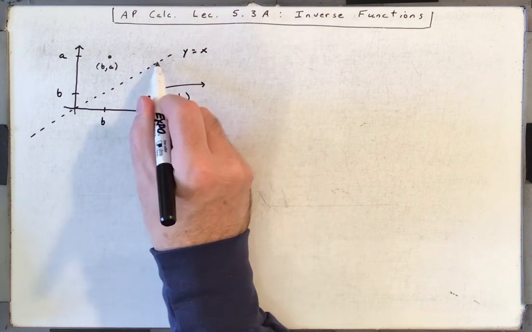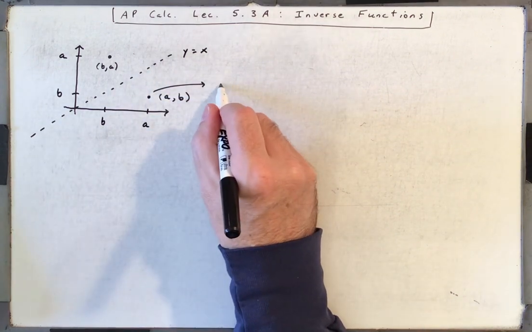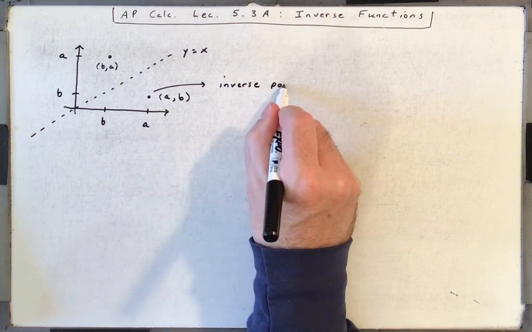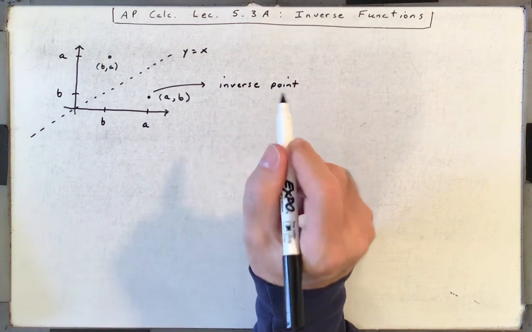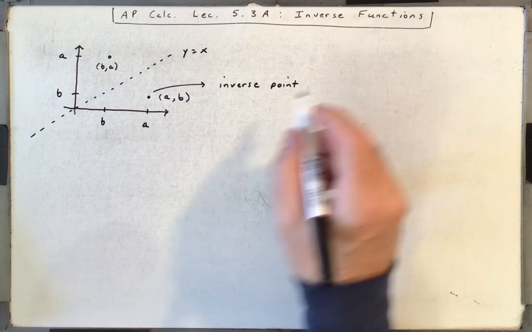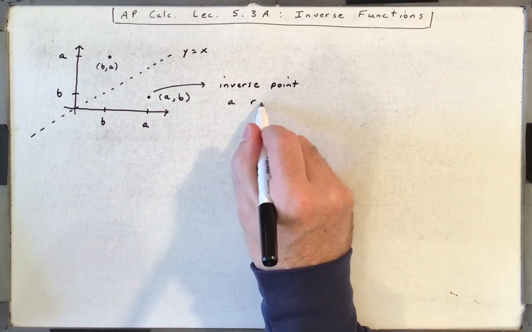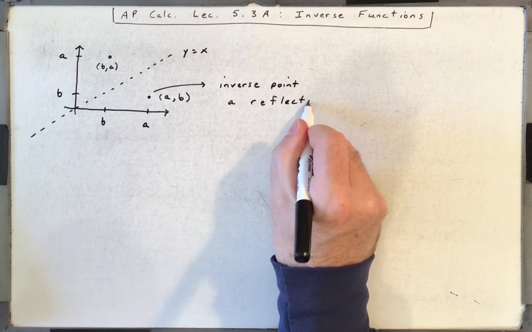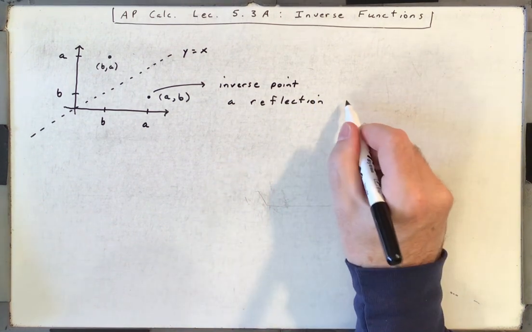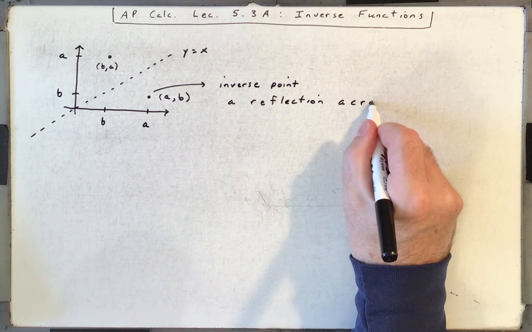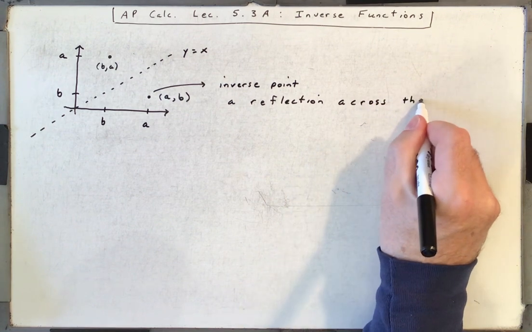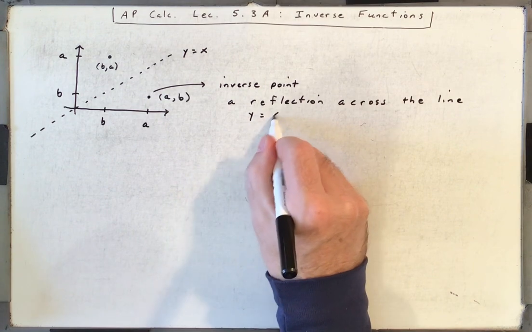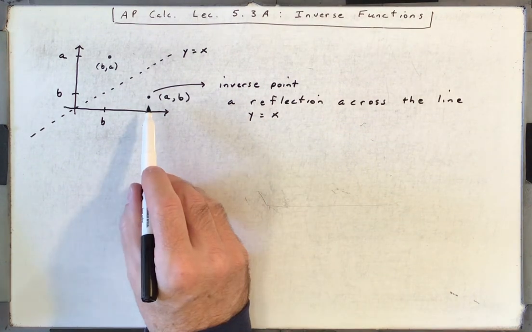So think about it as folding across that line. So we would call this a reflection across the line y equals x. That's all an inverse point is.